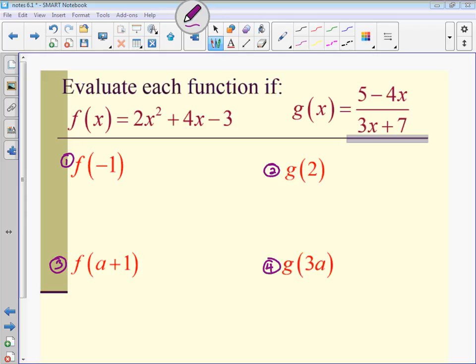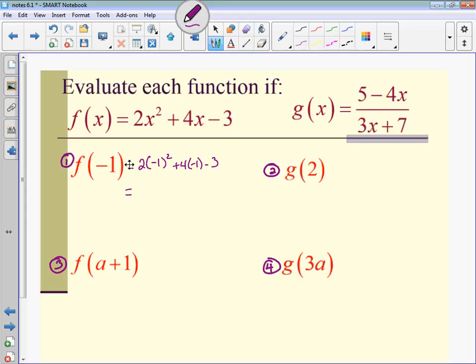So f of -1. The f tells you which function to use, so we're picking the f of x function. And then what do I do with the -1? Yes. So this equals 2 times -1 squared plus 4 times -1 minus 3. And yes, without a calculator, you can do this. So what's -1 squared?